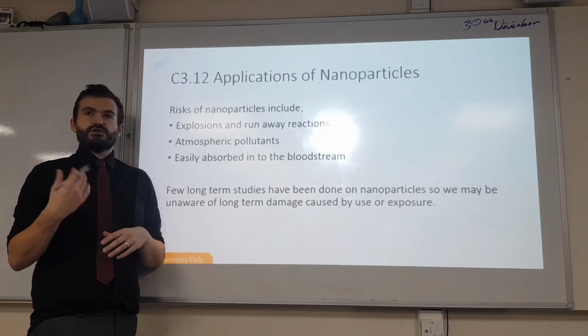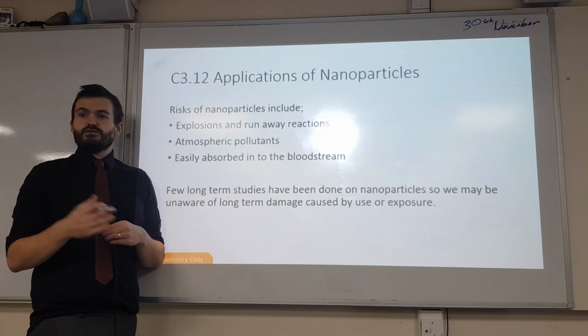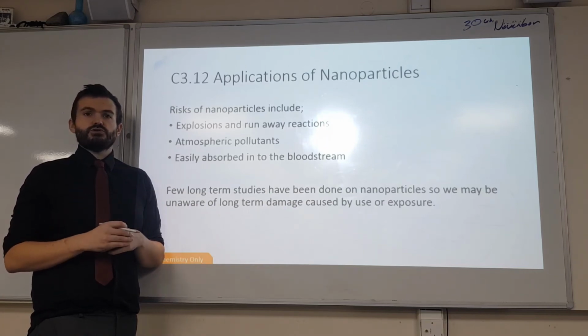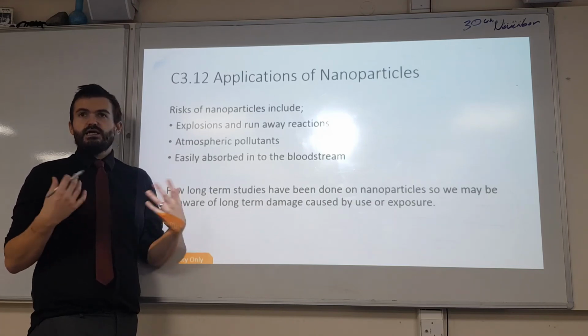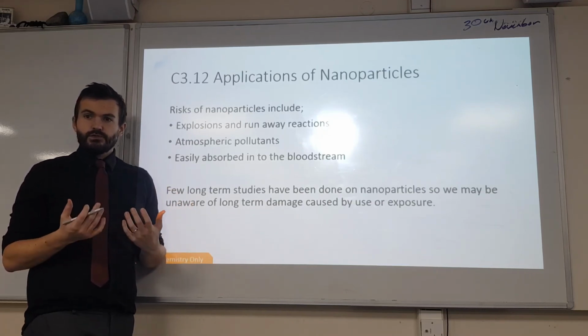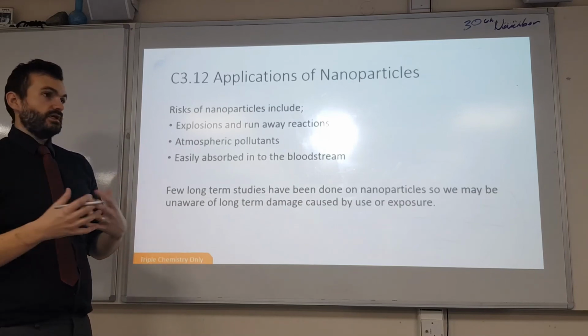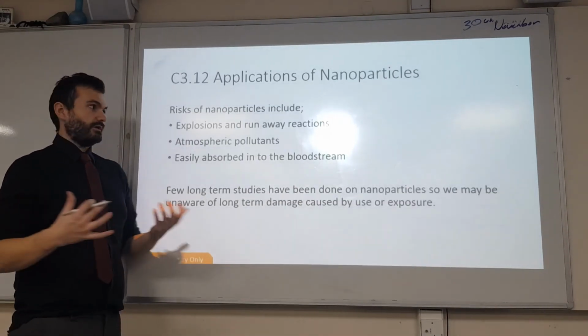And if your reaction is going 10,000 times quicker, if it's an exothermic reaction, you might not be able to control that reaction. If you're releasing that heat, you might be producing gases, and that's when things explode. So one thing is we might not be able to control the reaction, we get a runaway reaction.